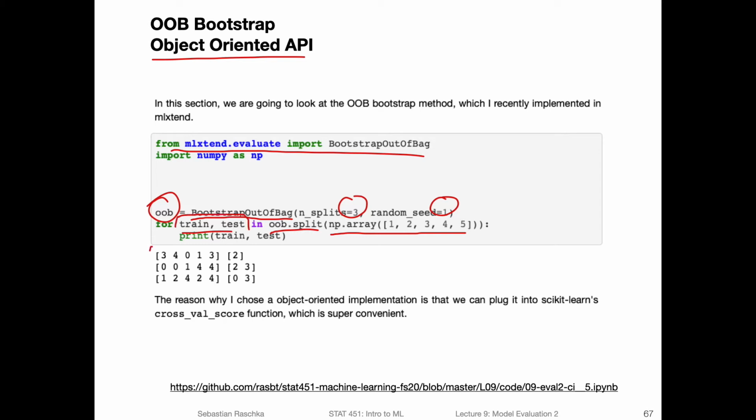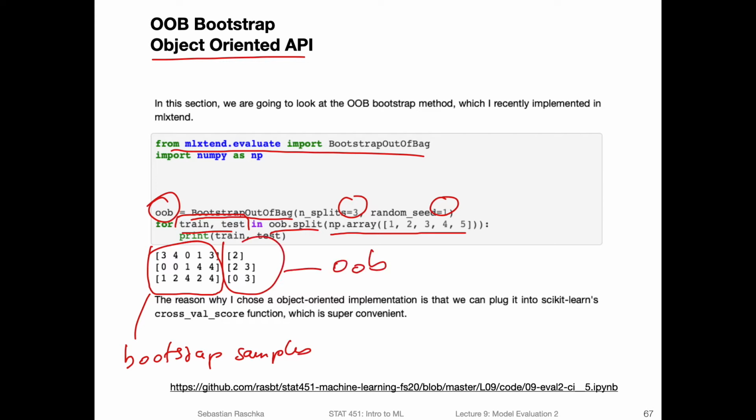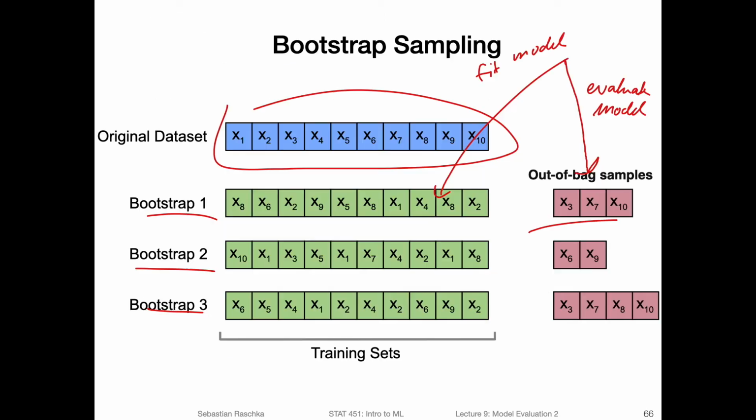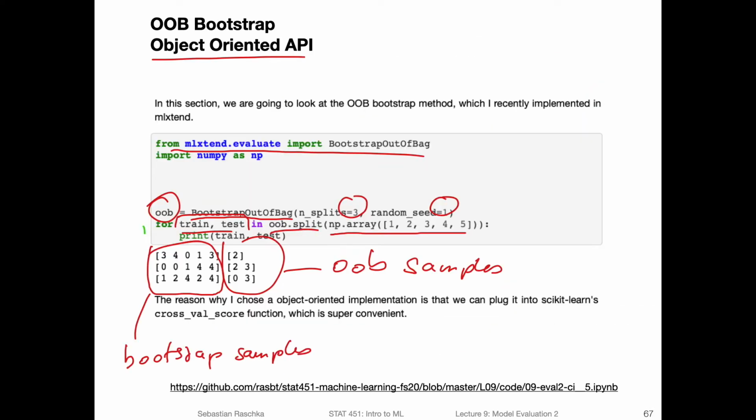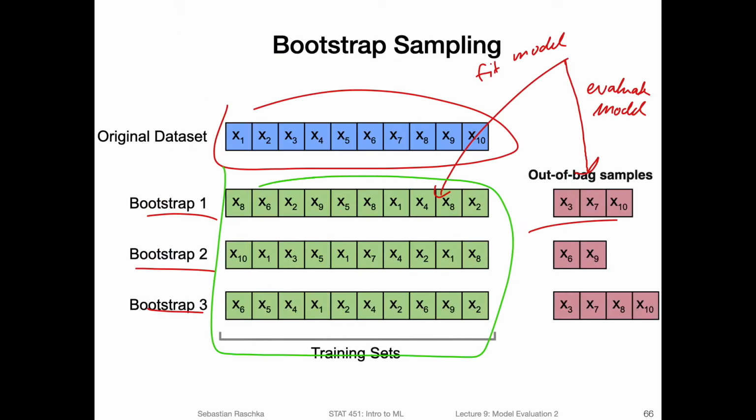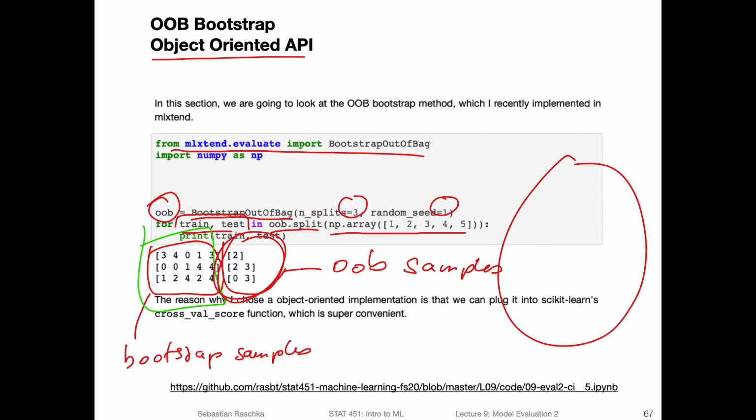This is just iterating and then printing that out. On the left-hand side, these are our bootstrap samples, and on the right-hand side, these are our out-of-bag samples. If I go back one slide, these green ones here are the ones here, and the ones shown in red are these here.